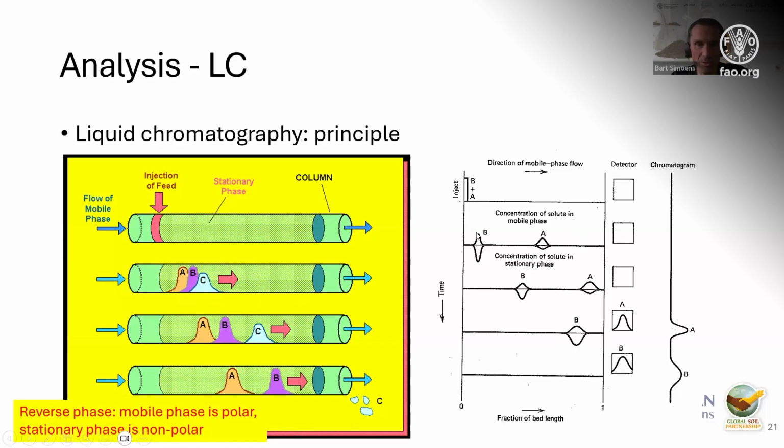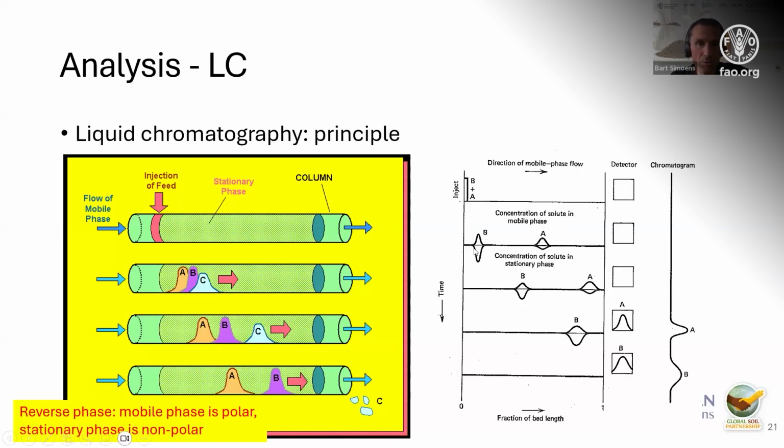So these little bumps represent concentrations. In this case, A is the most polar one, and most of the molecules A are in the polar mobile phase. Only a few of them will get attached to the non-polar stationary phase. And so the molecules of type A will move quickly through the column.